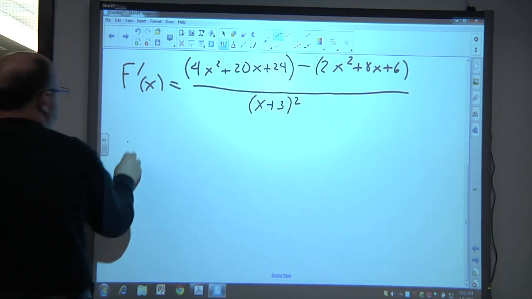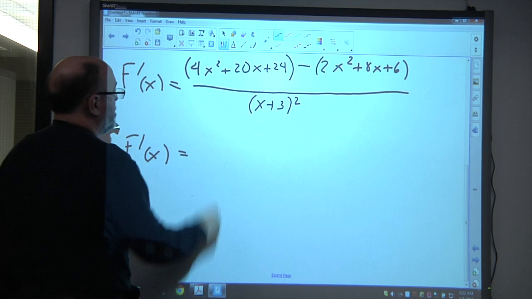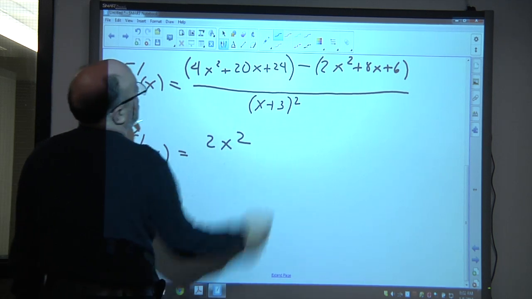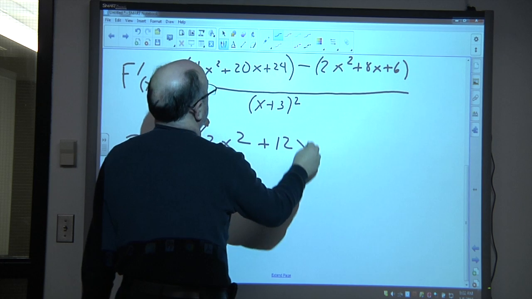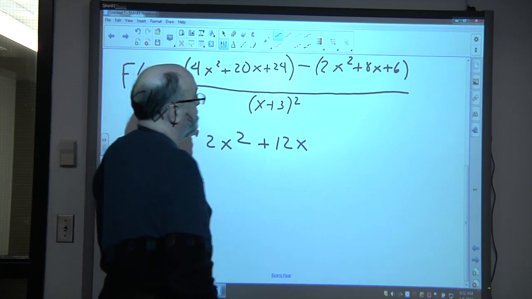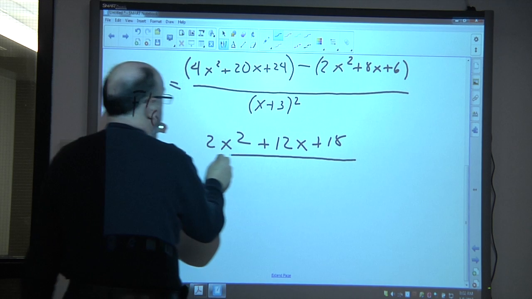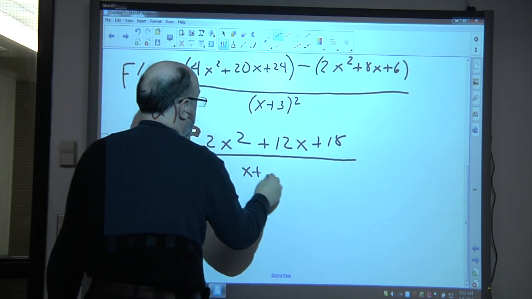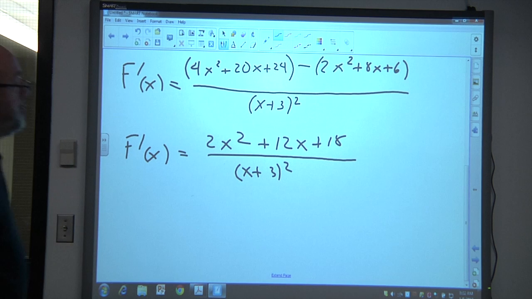Right? So now we can simplify the top. So my top will become, well, 4x squared minus 2x squared, that's 2x squared. 20x minus 8x is 12x. And 24 minus 6 is going to be 18, over x plus 3 squared. So we end up with that.